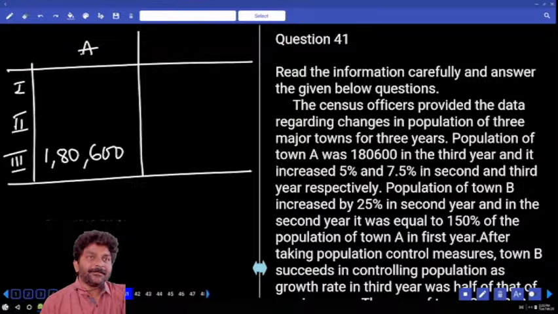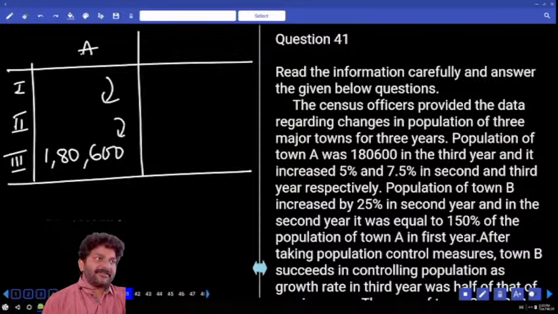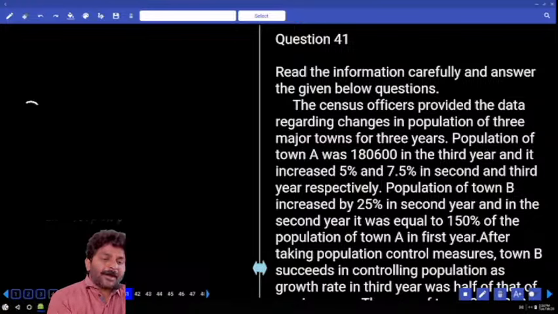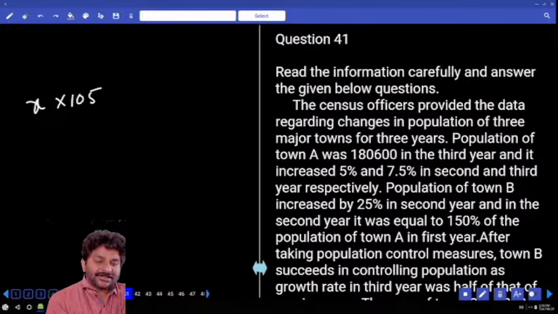1,80,600. Correct? Now, from first year to second year, what is the percentage increase? From second year to third year, 7.5%. So if you want to use the traditional method, let the first year population be X. When it increases by 5%, it becomes 105%.